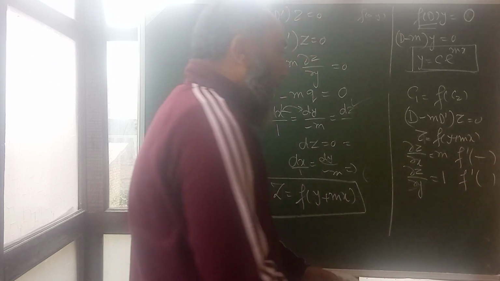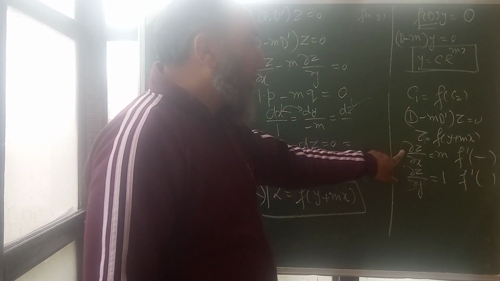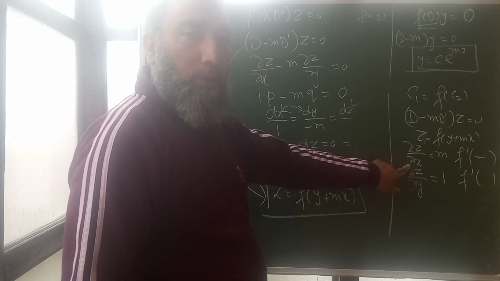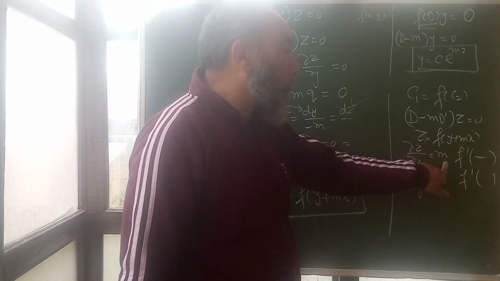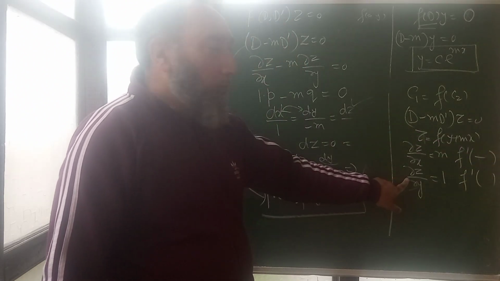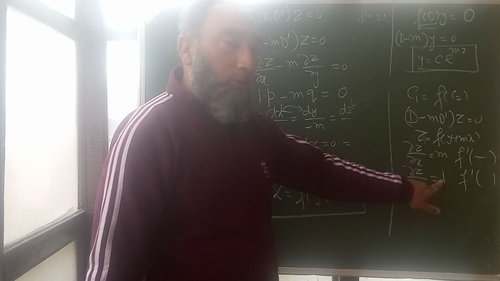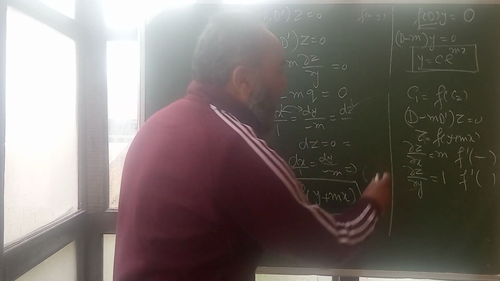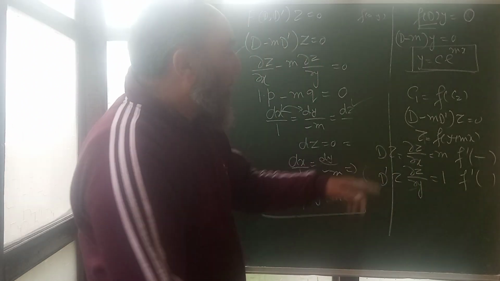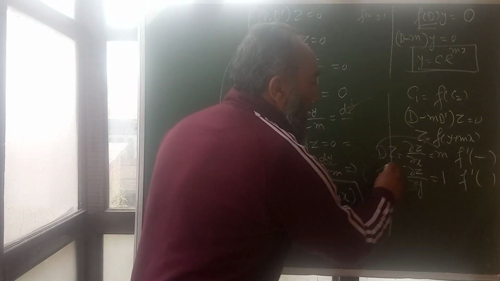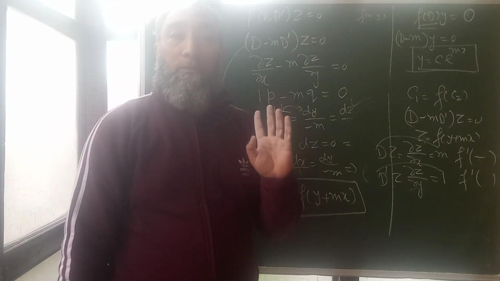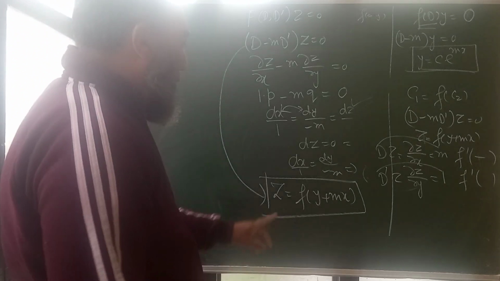If I find one more derivative, second derivative, third derivative, this will be m square, m cube, and so on. Second derivative with respect to y, third derivative with respect to y, this will be 1, 1, and 1. So this is nothing but D of z, and this is nothing but D dash of z. You are replacing D by m and D dash by 1. That is why the auxiliary equation is given by f(m) equal to 0 again. Right? So this is it.